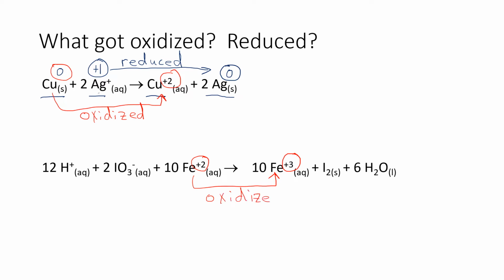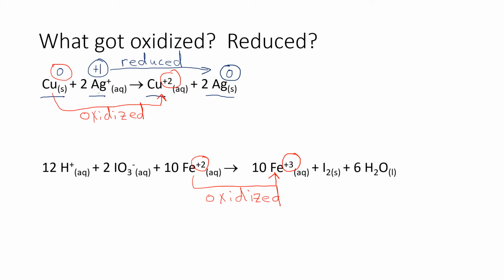Now that leaves us still several things to choose from to decide what got reduced. We've got hydrogen, oxygen, and iodine. Now hydrogen and oxygen most of the time in these reactions aren't going to be oxidized or reduced. They're going to be around in the form of an acid, which is the H+ on the reactant side.